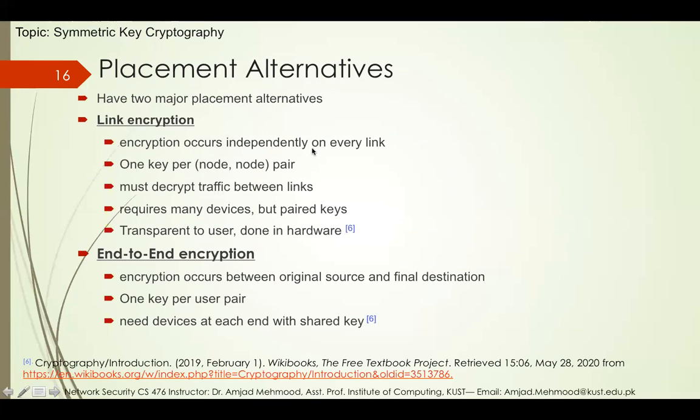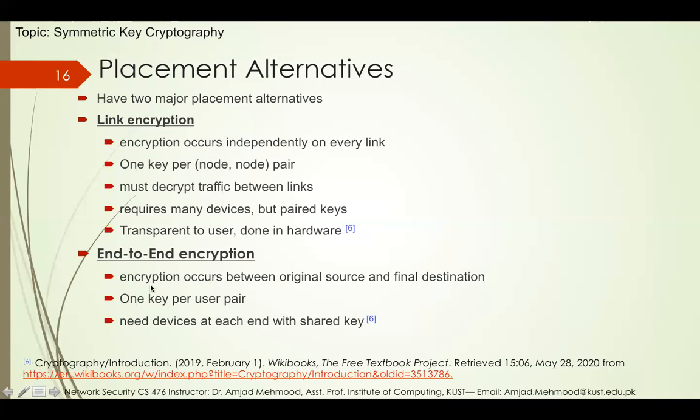I'll show you this with a demonstration in the next slide. It uses one key per pair, and on each link the traffic must be decrypted. It requires many devices, but pair keys. It is transparent to the user, meaning the user will not be aware of it. Normally it is done in hardware.